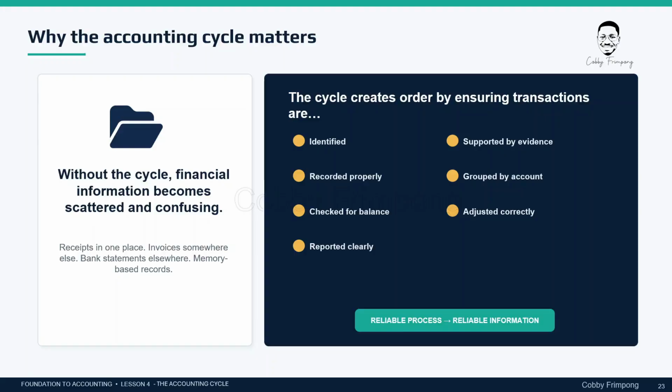The accounting cycle brings discipline to the process by ensuring that transactions are identified, supported by evidence, recorded properly, grouped by account, checked for balance, adjusted correctly, and reported clearly.